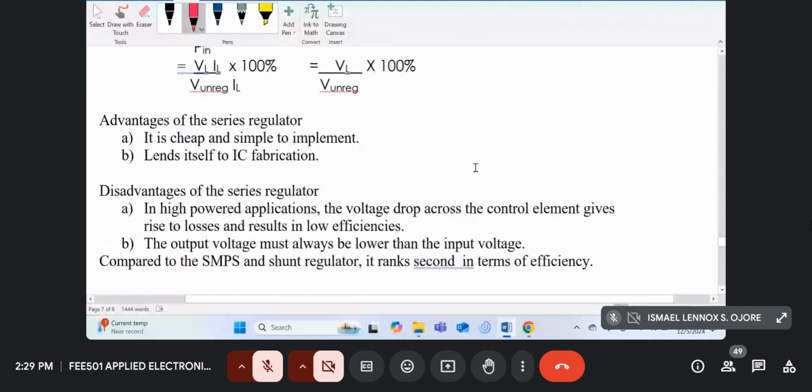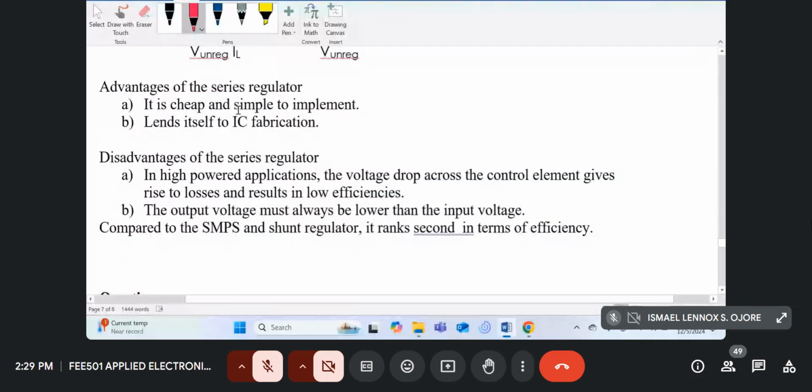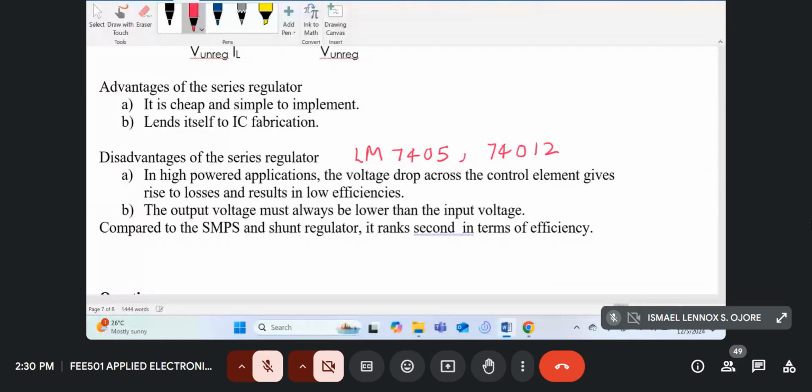Now, the advantages of a series regulator is that they are cheap and simple to implement. This design also lends itself to IC fabrication. Remember, in the last class, we were looking at some of the regulators made by National Semiconductor, like the LM 7805 and 78012. There are so many of them.